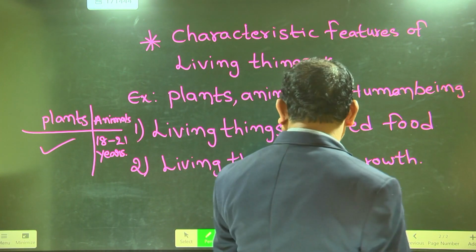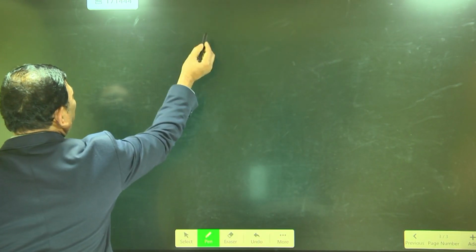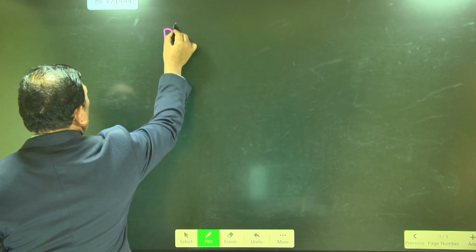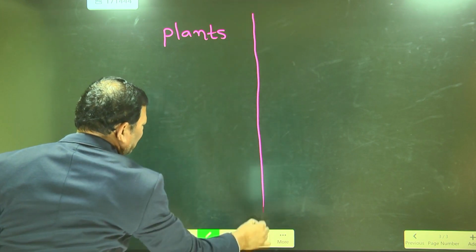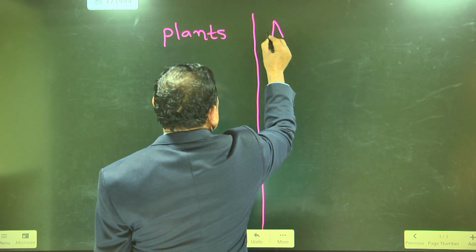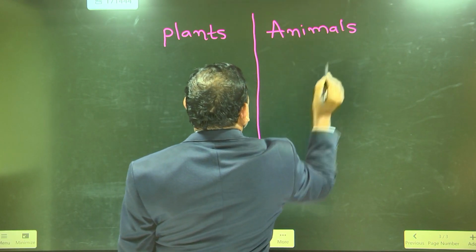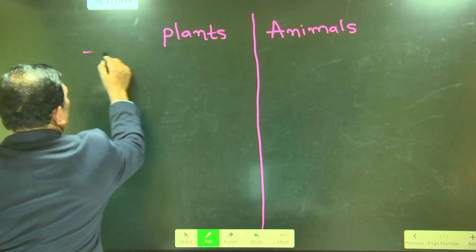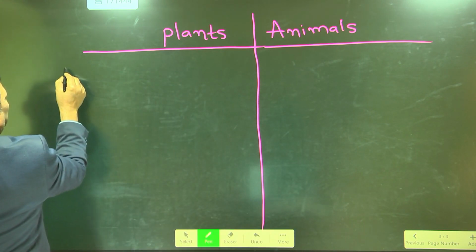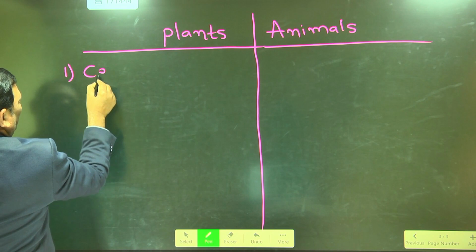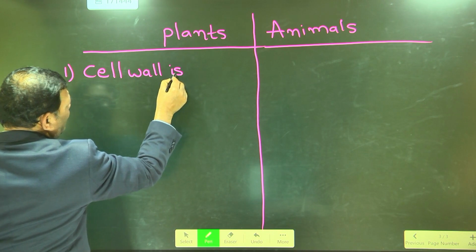Next, what are the differences between plants and animals? In plants, the cell wall is present.